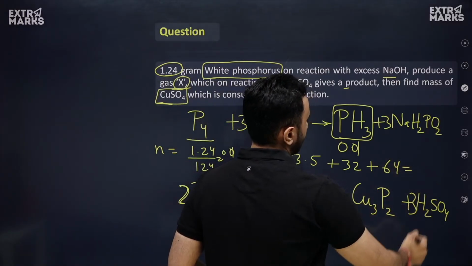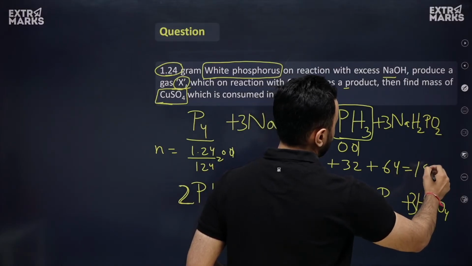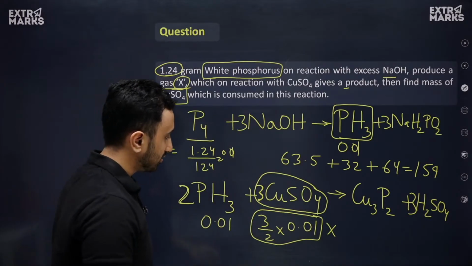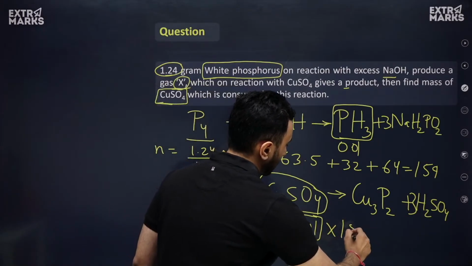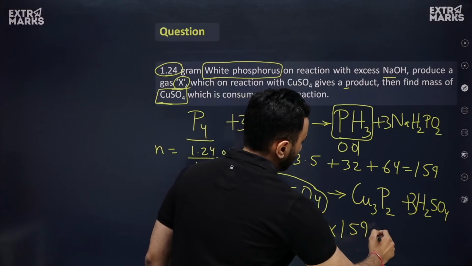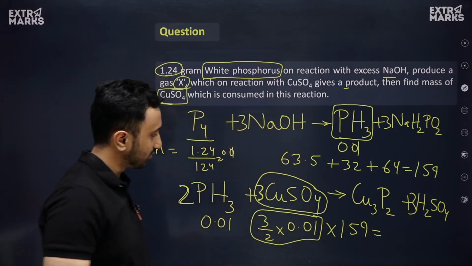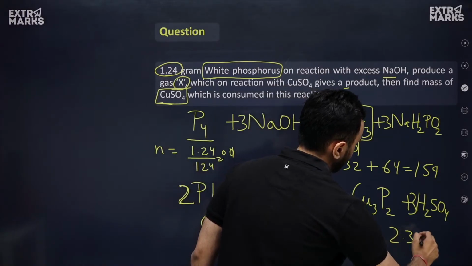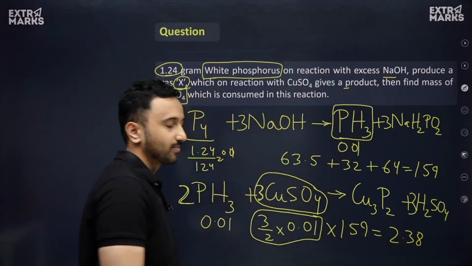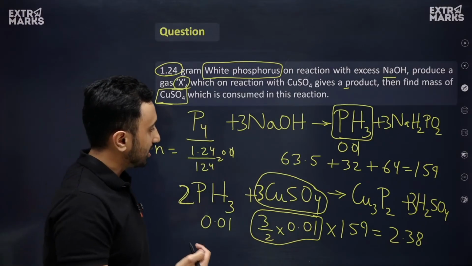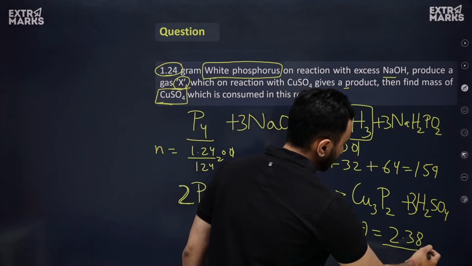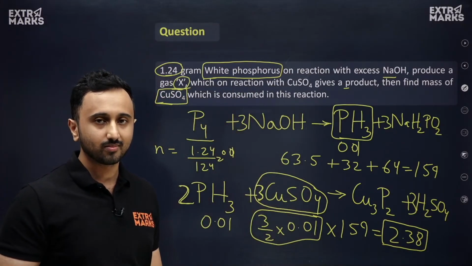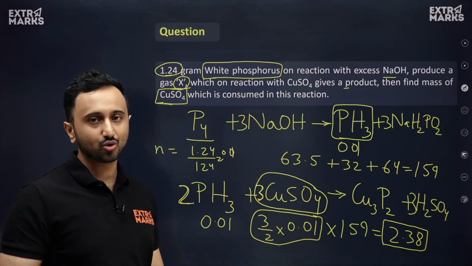If you solve it, you will find that it is very close to 159.5. You can take 159 also, right? You just need to multiply by 159, and the answer will be around 2.38 grams. The answer would be 2.38. I hope this question is clear to you.